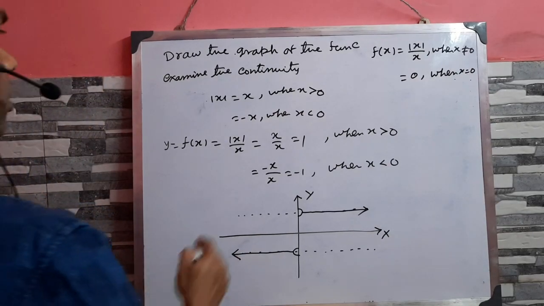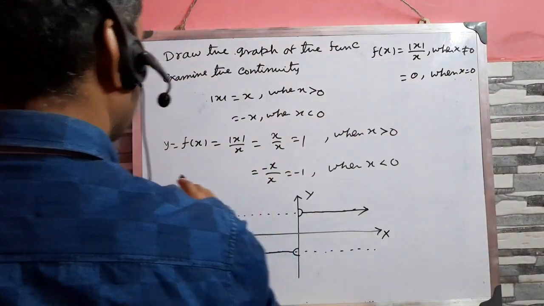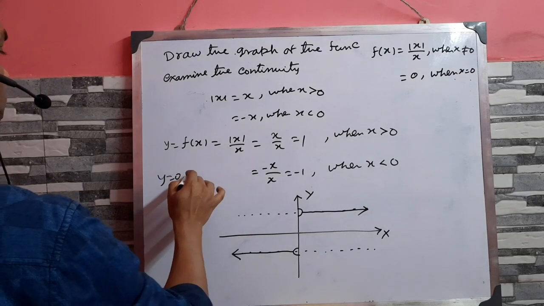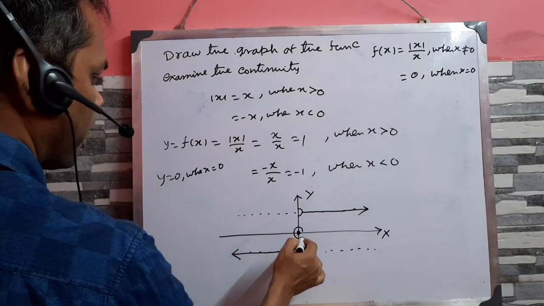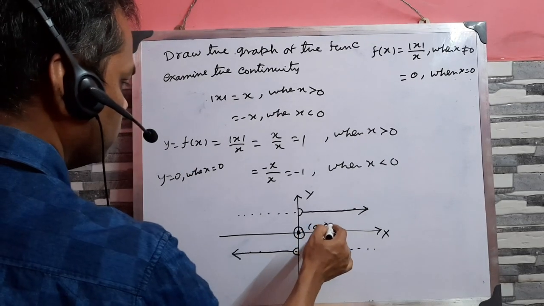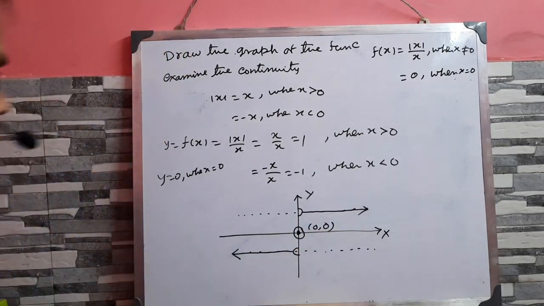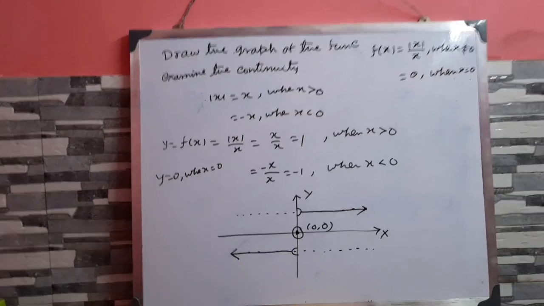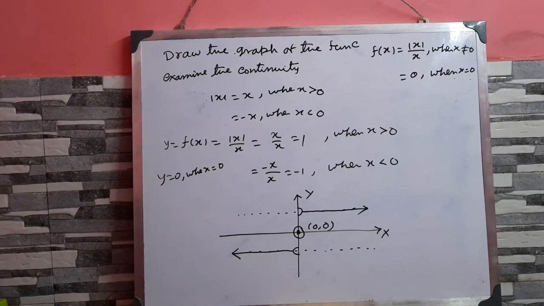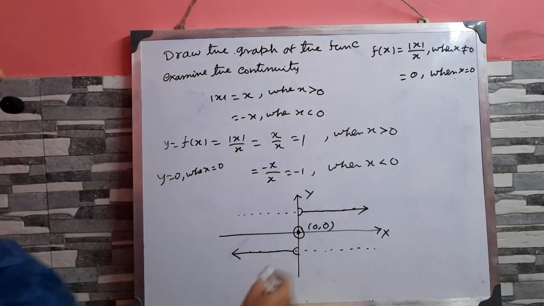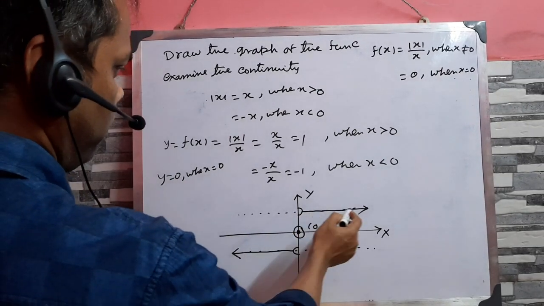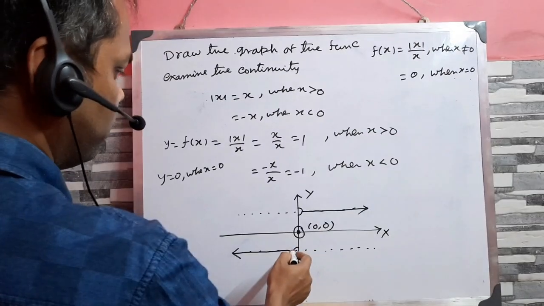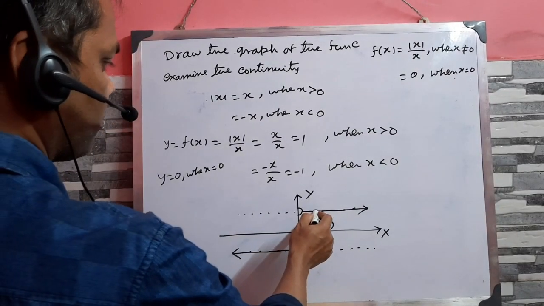and y equal to 0 when x equal to 0, this one is at the origin, so at (0, 0). So for x equal to 0, this one is 0. So you see that this one is the left hand limit, this one is the right hand limit.